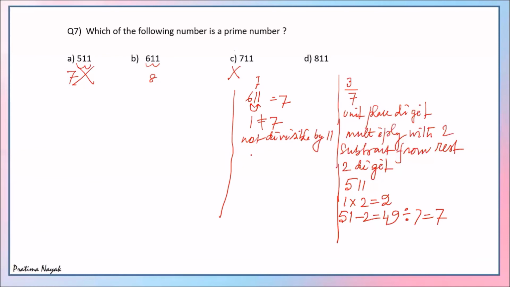Then I'll go for 13. 611 divided by 13. Let me divide. 13 4s are 52. How much is left? 9, 1. 13 7s are 91. So it is divisible by 13. So this is not a prime number. So what is the rest? The rest is 811. So 811 is the answer.